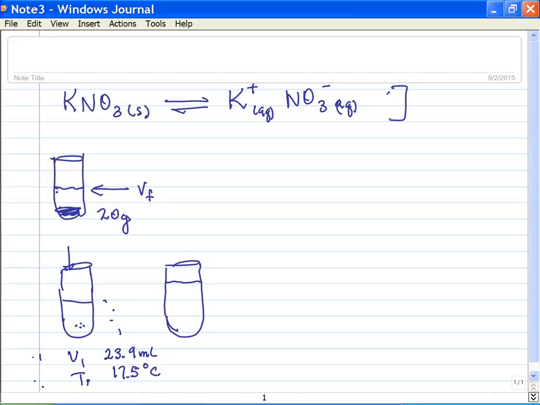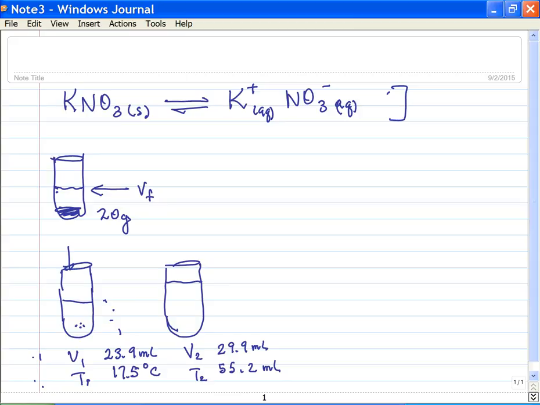So now we're going to cool it down again until the little white crystals appear. That takes place at a different temperature this time. So our volume reading for the data that I gave to you is 29.9 milliliters, and the temperature is 55.2. Okay, you see where I'm going?